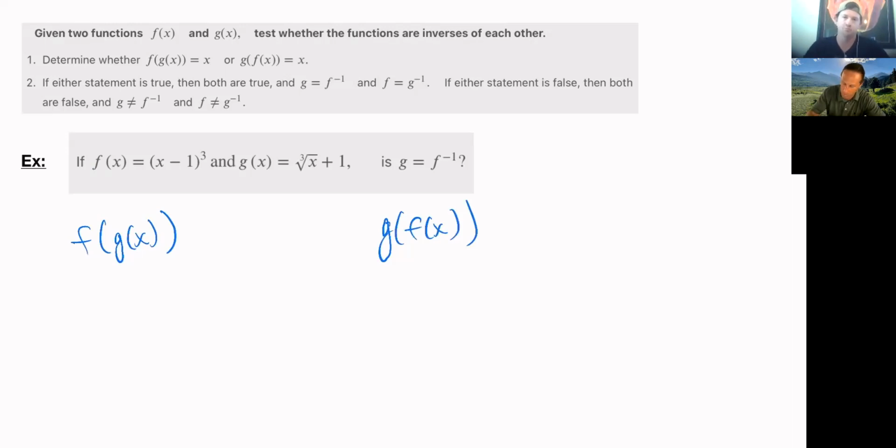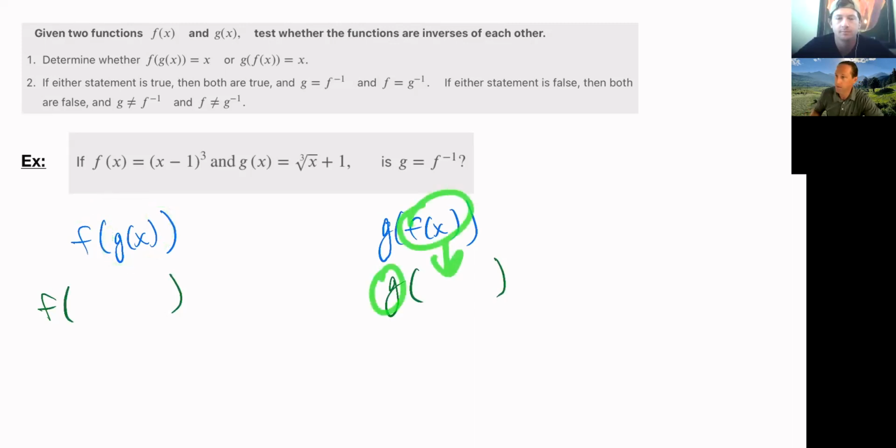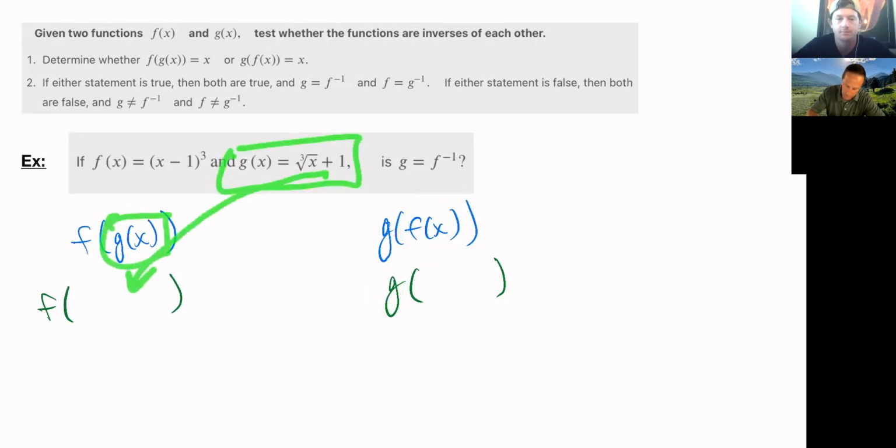And remember when we were working on these last week, I reminded you to take a look at the bigger picture. I'm going to have to do f of something. Here, g of something. So you're literally taking the g of x function, which they gave us here, and you're going to plug that into your f function.